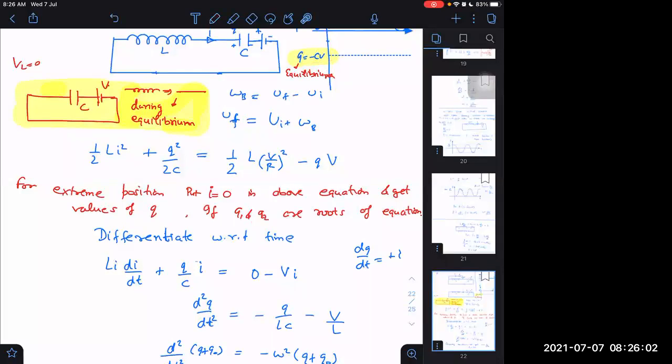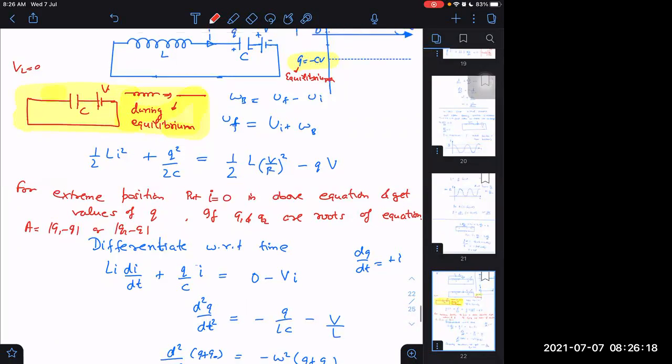I will take the mod of that. Mod of that will be the amplitude. Now tell me what it is. Q equilibrium we already know. Let us call Q equilibrium as Q naught. Q naught is equal to minus CV.